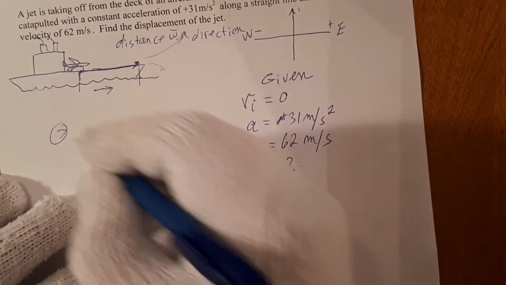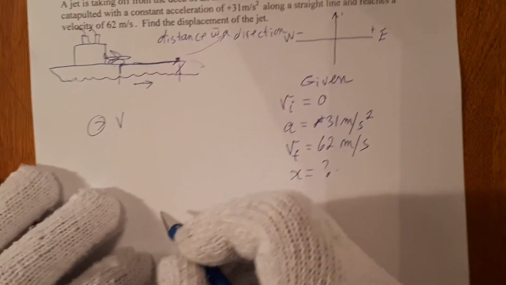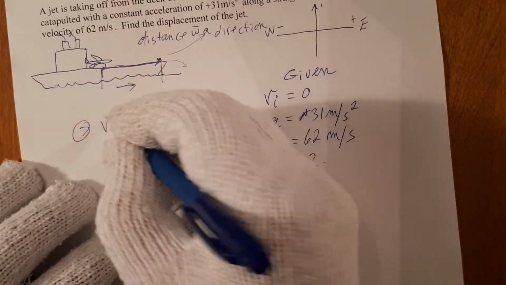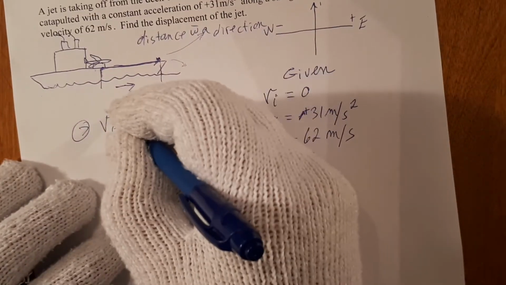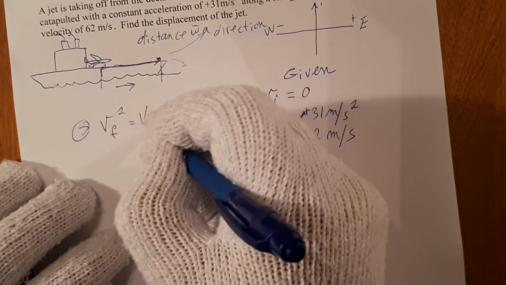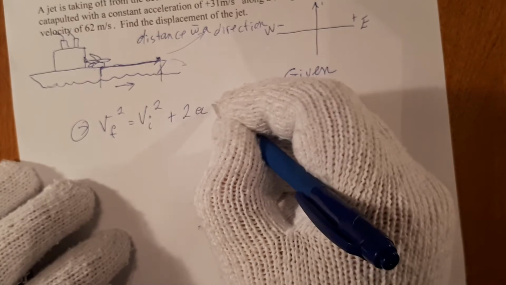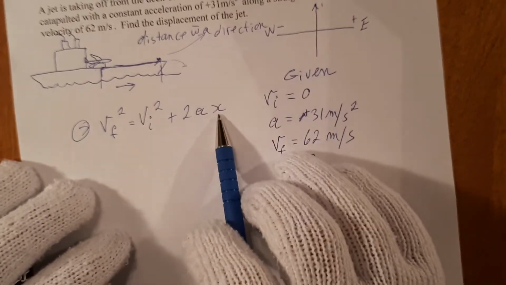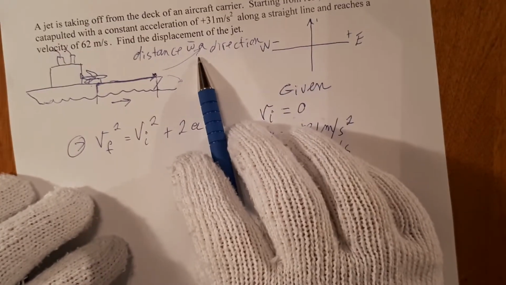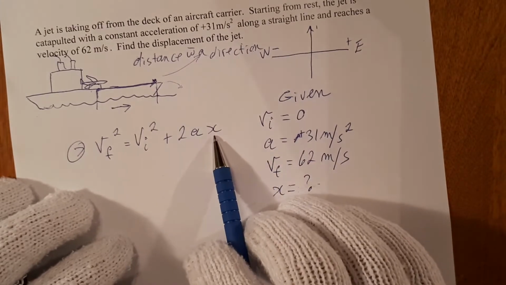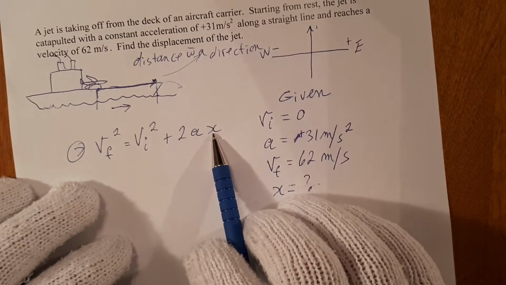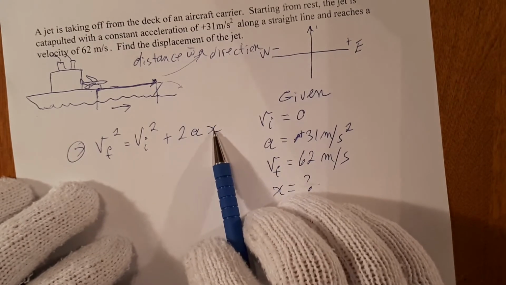Equation 7, and I'll just copy it down here. Equation 7 is little v, final velocity squared, is equal to initial velocity squared plus 2 times the acceleration times the distance. That distance is also displacement. Displacement is distance with a direction, so we'll just call it distance.